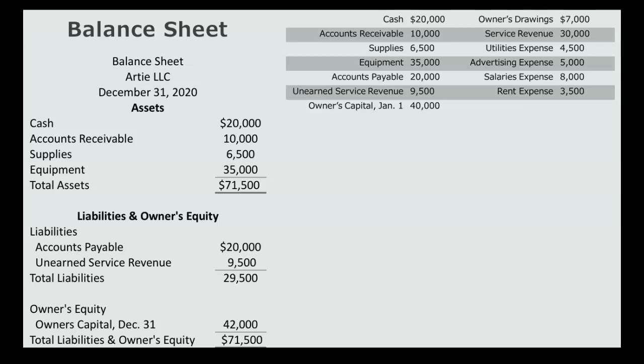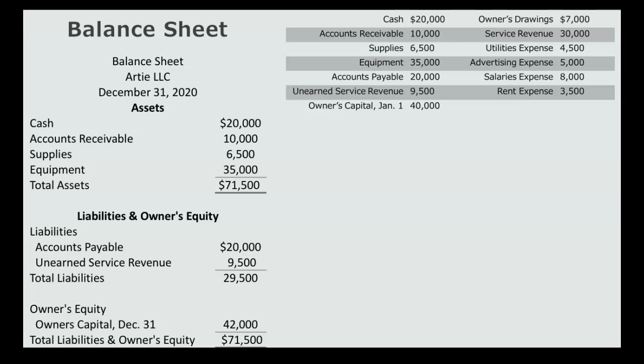When plugging in numbers, you might have plugged in 29,000 instead of $29,500 for your total liabilities. And that would have totally messed up your math when you were figuring out your total liabilities and owner's equity, right? So check for simple math errors first.